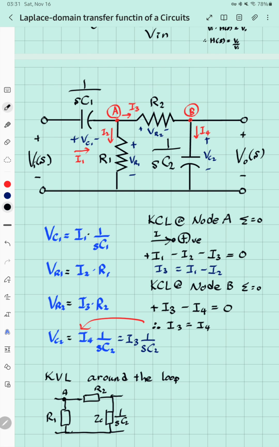That was node A, node B. VR1 is minus plus because it's in the opposite direction, and VR2 plus VC2 equals 0.